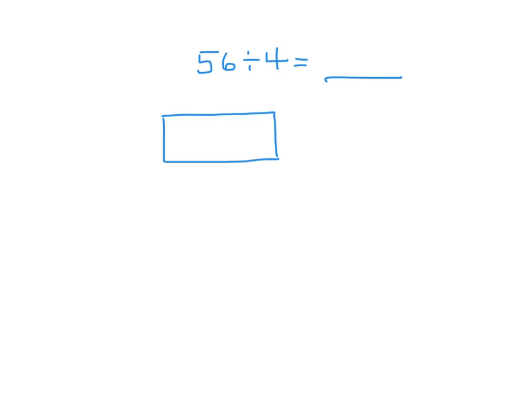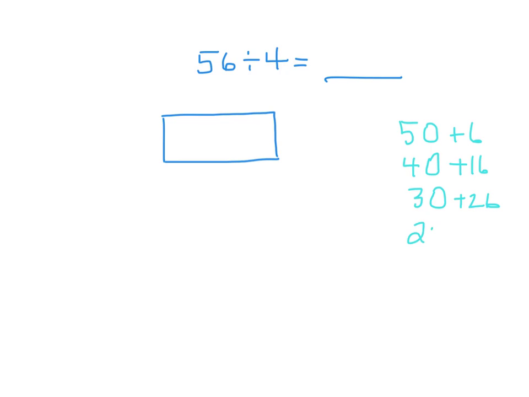Final example, I have 56 divided by 4. 56 can be divided into 50 plus 6, which is not so friendly for 4. I could do 40 plus 16. I could do 30 plus 26.